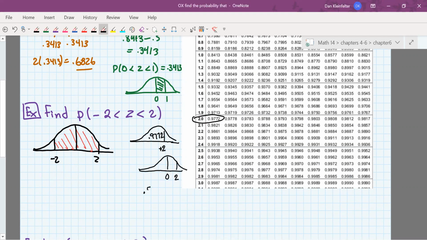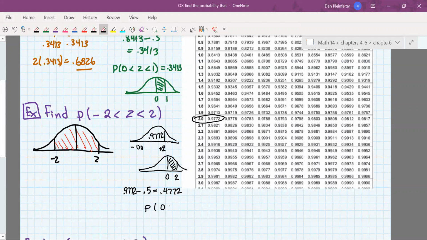That will be 0.5, which is the amount on the half, taken away from 0.9772. So the whole area from -infinity up to 2 is 0.9772. We're going to trim off the part that is to the left of 0. So the part from 0 to 2 is 0.4772.